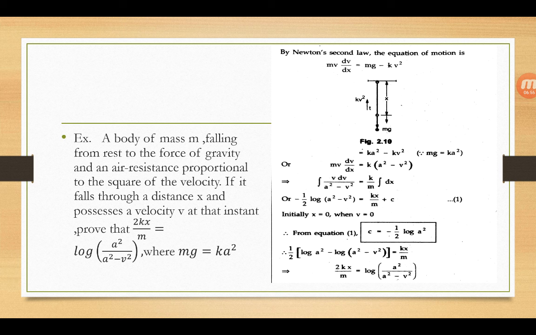So what we have done throughout: given the physical situation, by applying mathematical terms and laws, Newton's second law, we obtained the equation of motion, that is the formation of the differential equation, and we solved that differential equation by the variable separable method, and then integration gives us the required solution.